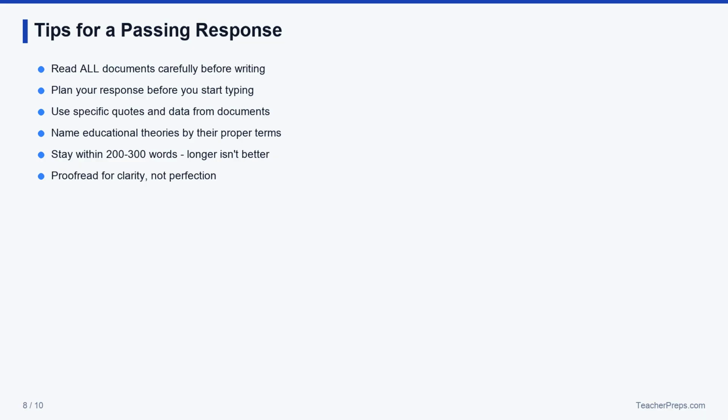Fourth, name educational theories by their proper terms. Say schema theory or self-determination theory rather than vague descriptions. Fifth, stay within the 200 to 300 word limit. Longer responses aren't better. Scorers value concise, focused answers. Finally, proofread quickly for clarity, not perfection. Minor grammar errors won't hurt you, but confusing sentences will.